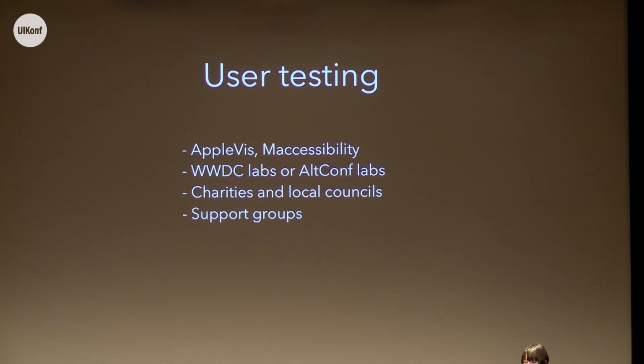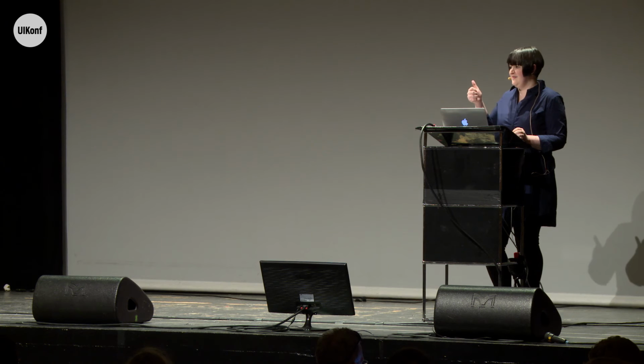The WWDC labs, I don't know if they did it last year or the year before, they actually brought in a group of blind users, and you could have your app tested right then and there, which was very cool. And there'll also be some accessibility labs at UIKonf, I think. Yes, there'll be accessibility labs at UIKonf if you happen to be in San Francisco in a few weeks. Also, reach out to charities, local councils if you have them, and any support groups. They're always super happy to help.